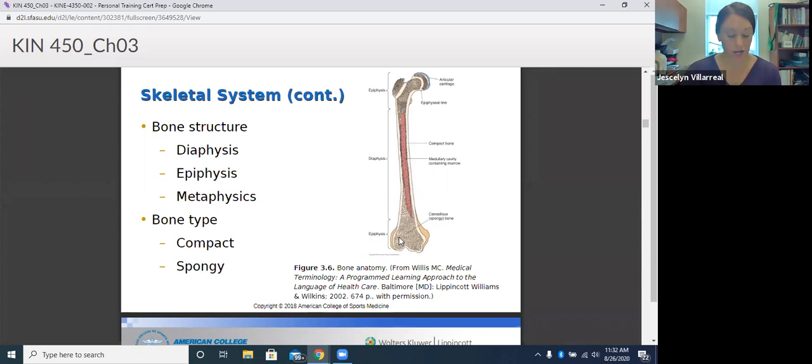That's your connective tissue that reduces friction and absorbs some of the shock in the synovial joints. Metaphysis is the third piece, and that's the region of the mature bone where the diaphysis joins each epiphysis.